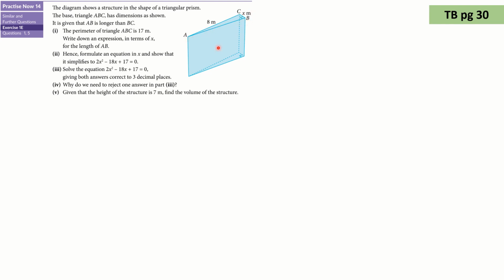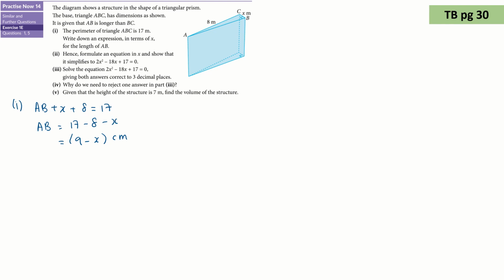Hence, using that information, we can form an equation: AB plus x plus 8 equals 17. Since we want an expression in terms of x for the length of AB, we let AB be the subject. So AB is equal to 17 minus x minus 8, which simplifies to 9 minus x meters.